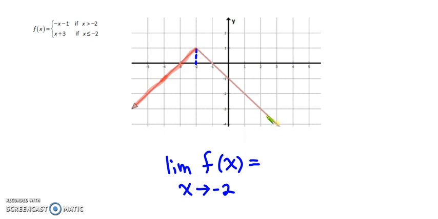Notice that the left side and the right side of f of x seem to approach the same value at x equals negative 2. That output value is 1. So the limit of f of x as x approaches negative 2 is equal to 1. That's your answer. And I'll go ahead and stop the video here.